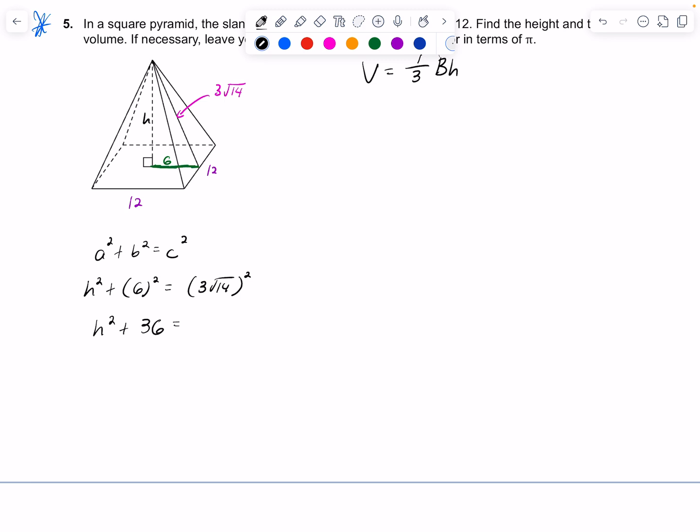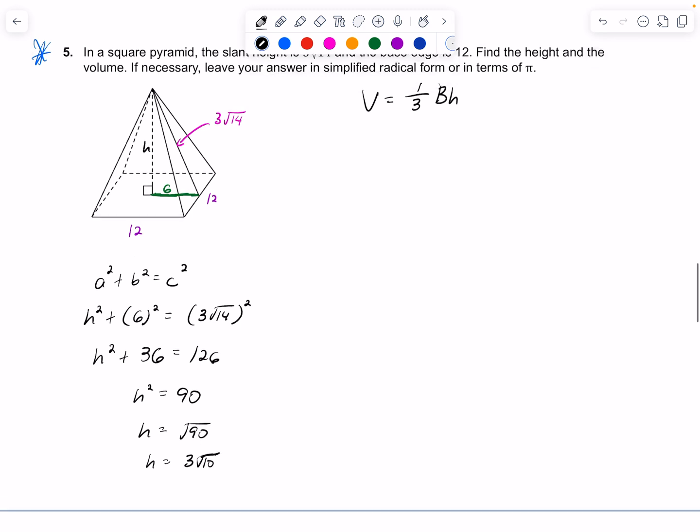The square root of 14 squared is just 14. So 14 times 9 is going to be 126. Subtract the 36, you get 90. So h equals the square root of 90. There is a perfect square in 90, 9 times 10. So this reduces to 3 root 10. Okay, so we have found the height.